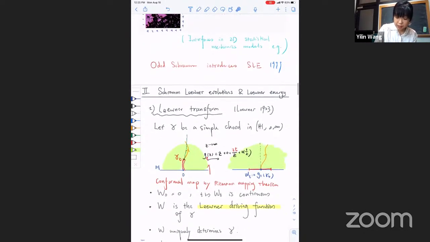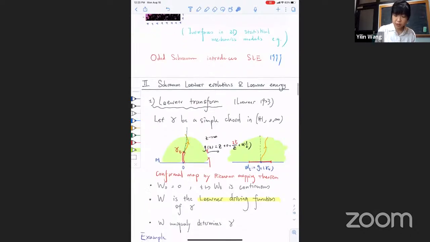Because of the Riemann mapping theorem, any simply connected domain with at least 2 boundary points can always be mapped to the upper half plane, sending one point to 0 and the other point to infinity. So we just look at the case when the simple chord is in H, the upper half plane, and I also put the 2 boundary points, this is the starting point and this is the end point. So the chord will be viewed as an oriented curve.